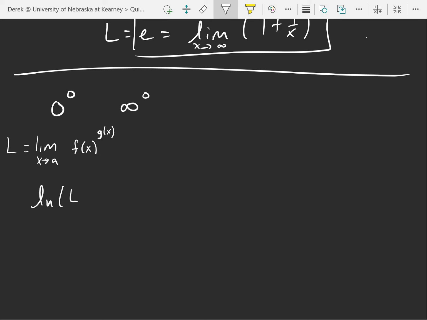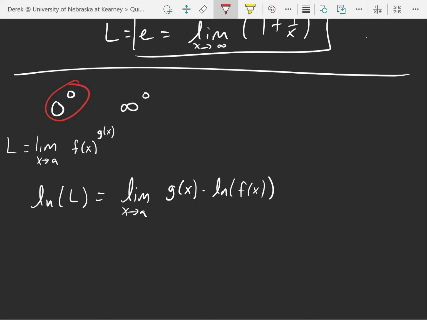So the natural log of L is equal to, well, since natural logs and limits play nicely, this is going to be the limit as x goes to a of g of x times the natural log of f of x. And in the 0 to the 0 case, g of x goes to 0.